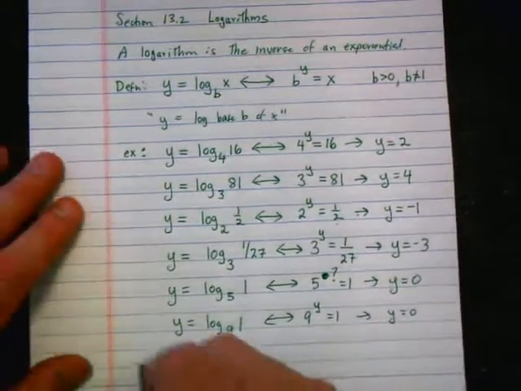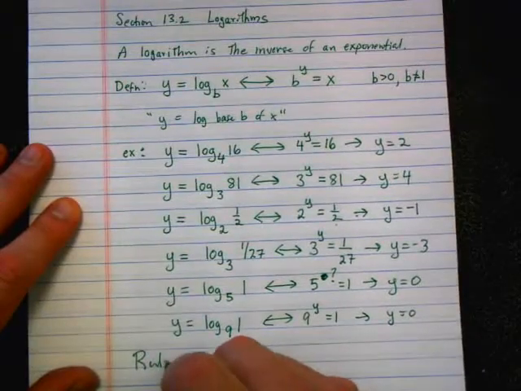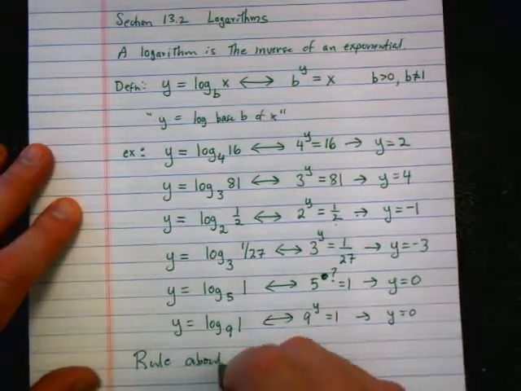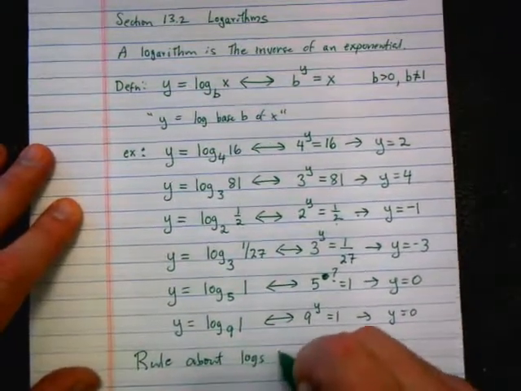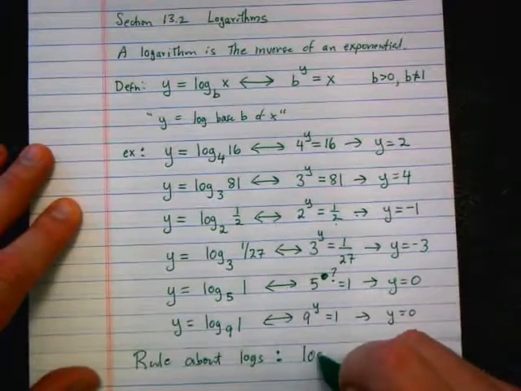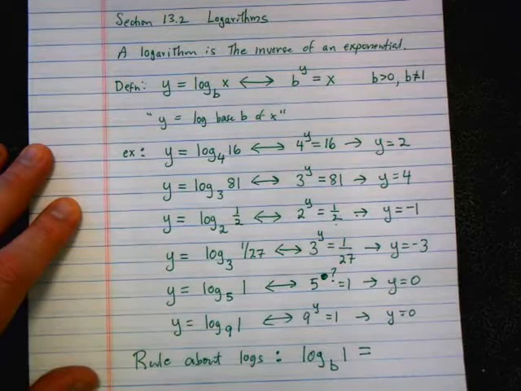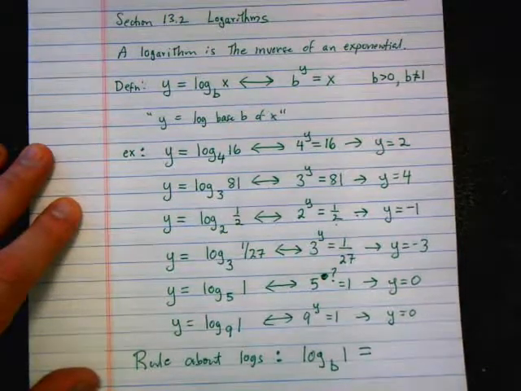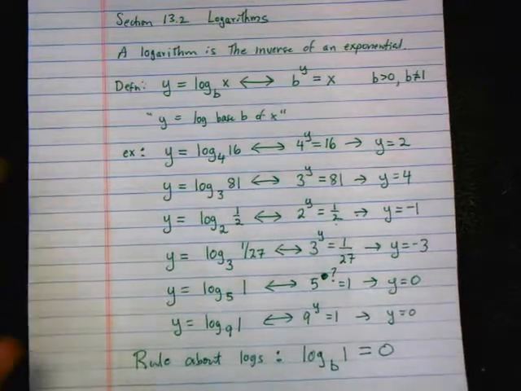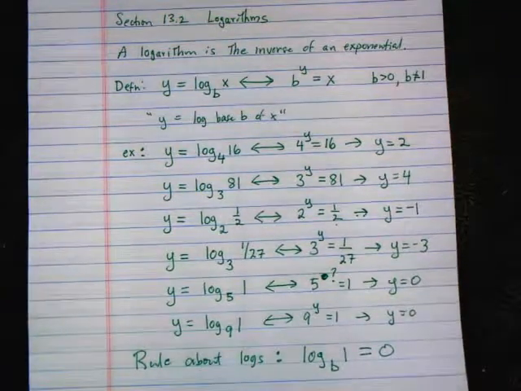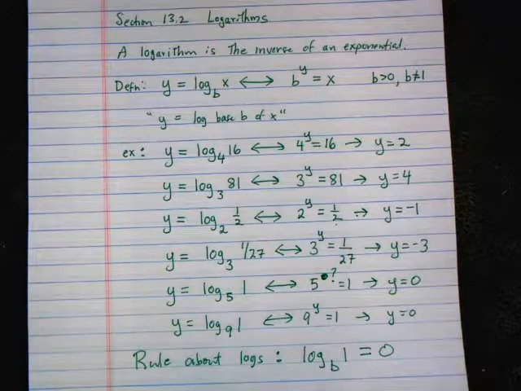All right, so there's a rule about logarithms. Rule about logs. Log base b of 1 is always the number 0. Doesn't matter what base we have. If I plug 1 into a logarithm, my answer will always be 0.